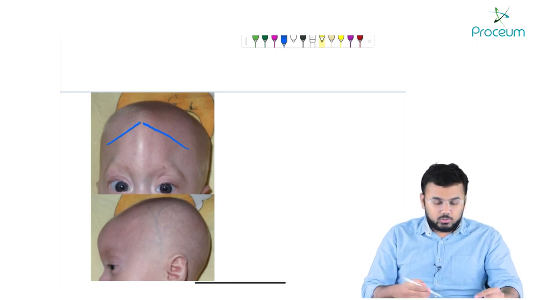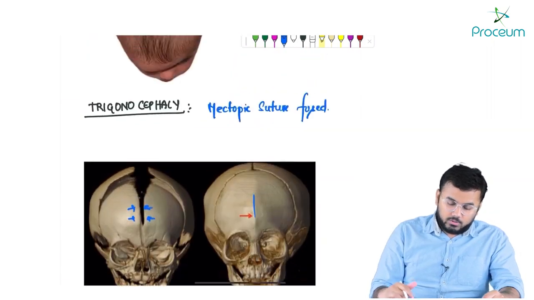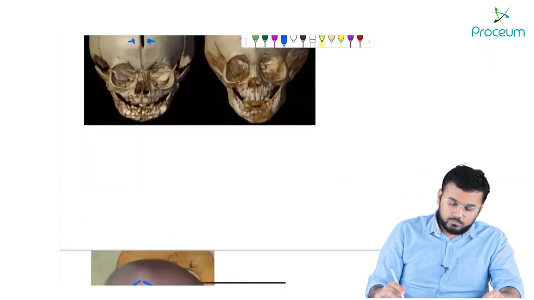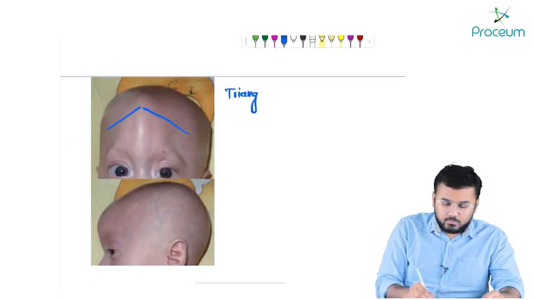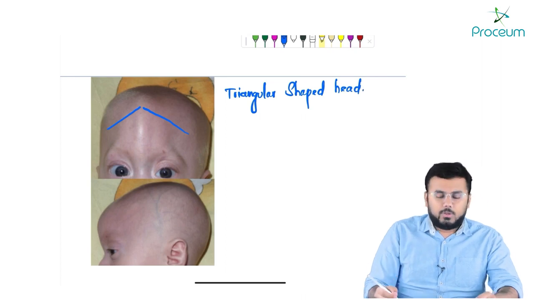So that is why this is also called as triangular shaped head or trigonocephaly. Okay. So here what suture is fused? Metopic suture, and that would lead to a triangular shaped head. Okay, so this is a triangular shaped head which you can see.